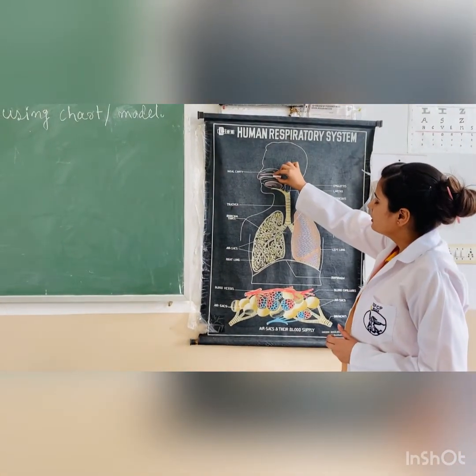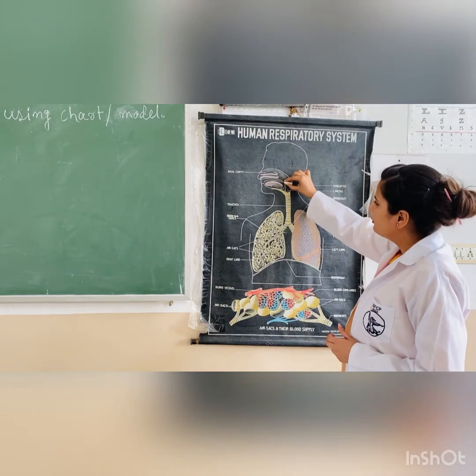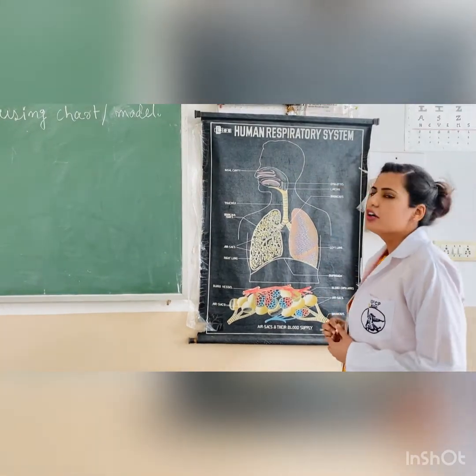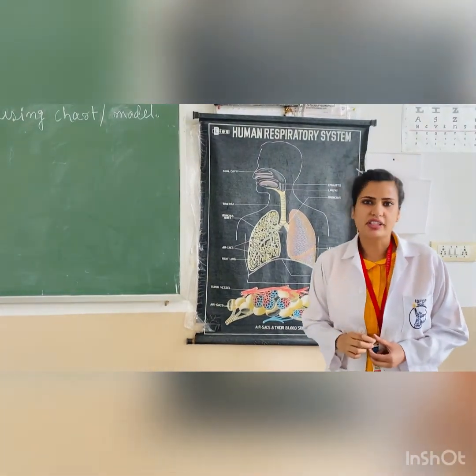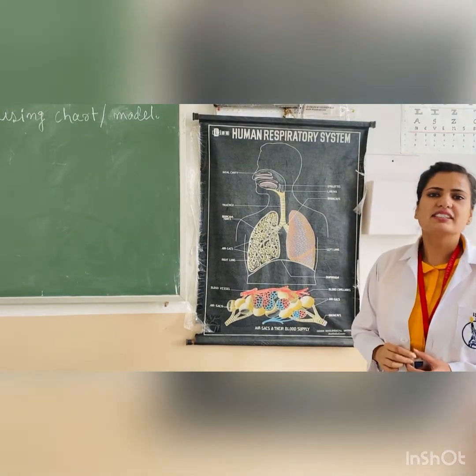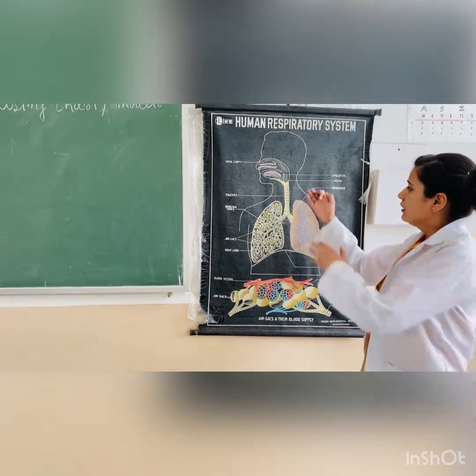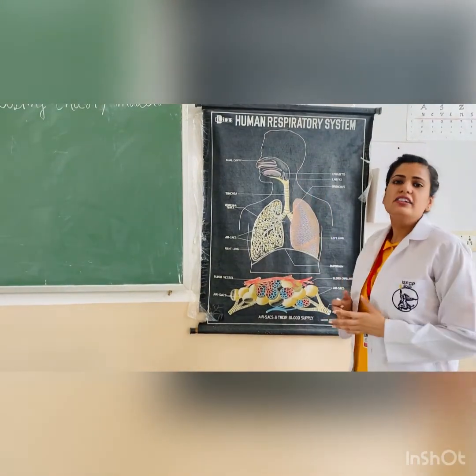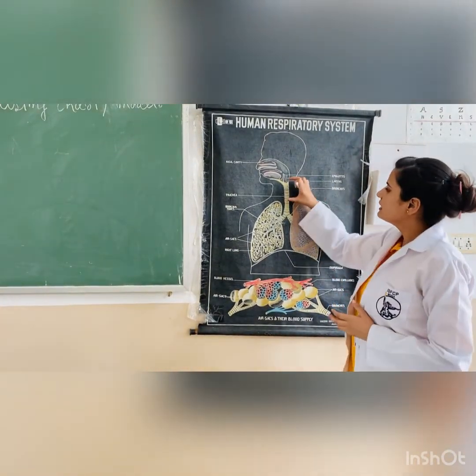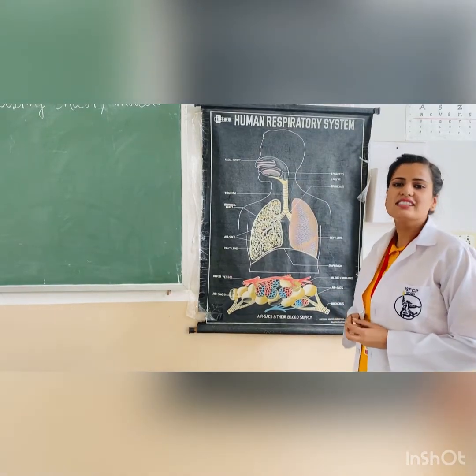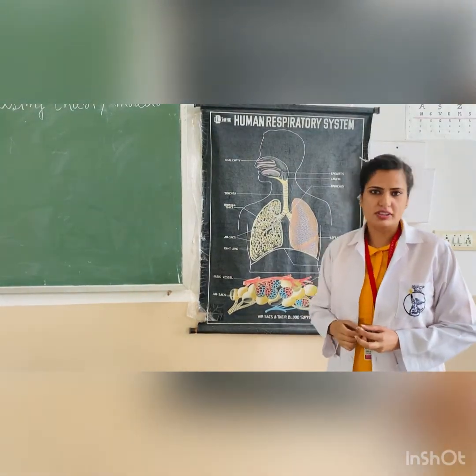From there, the nasal cavity is continuous with a part of the pharynx, that is the nasopharynx. The nasopharynx is the first and foremost part of the pharynx, and anterior to it, the larynx is present. The larynx is also known as the voice box.